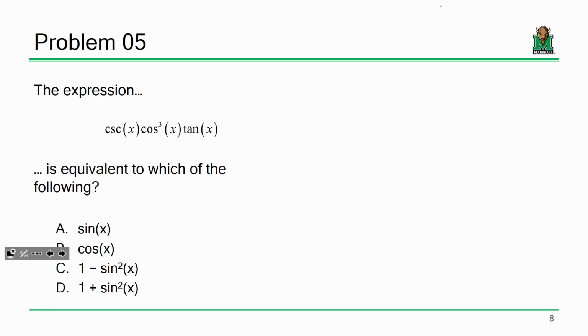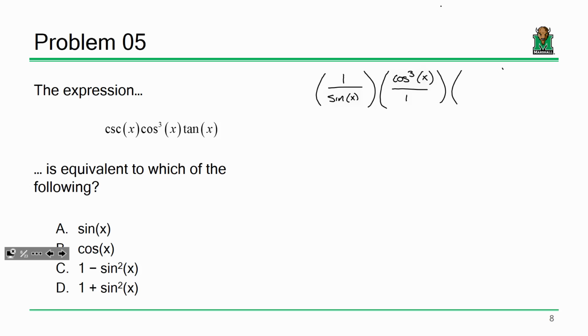Now, what I mean by that is I want to take each of these trig expressions and see if I can get it into terms of sines and cosines, and can I simplify it a little bit. So let's start off with each of these side by side. So the cosecant, I can write the cosecant as 1 over the sine of x times the cosine cubed of x, but we'll put that over 1.